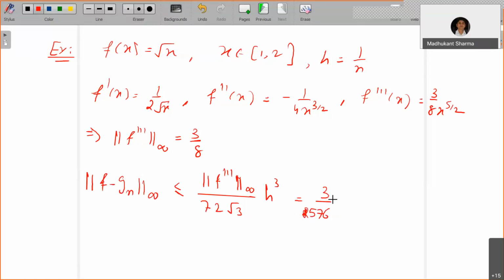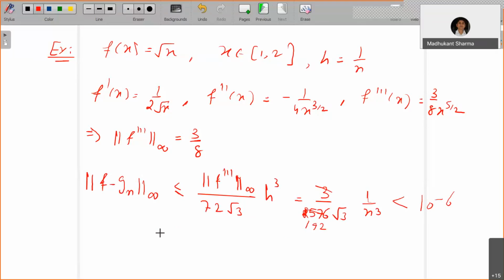576 times root 3 times h cube is 1 by n cube, and what we demand is less than 10 to the power minus 6. Okay, so what will happen now is that it equals 192.